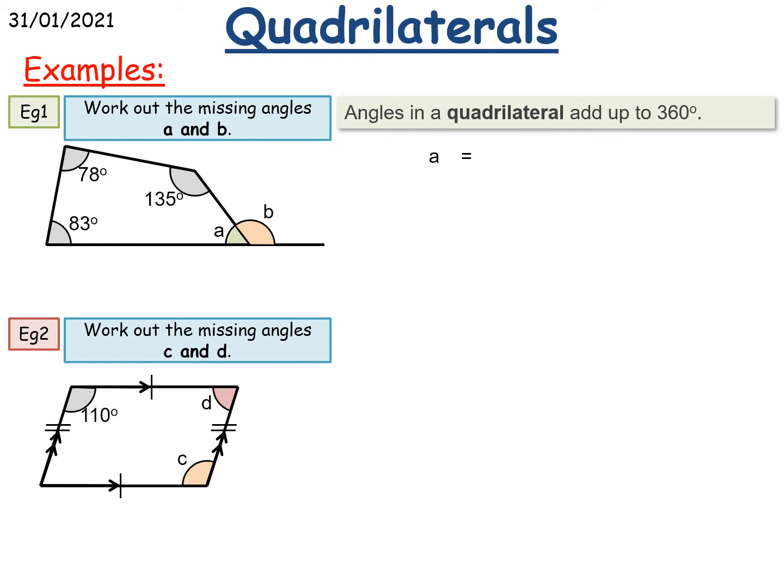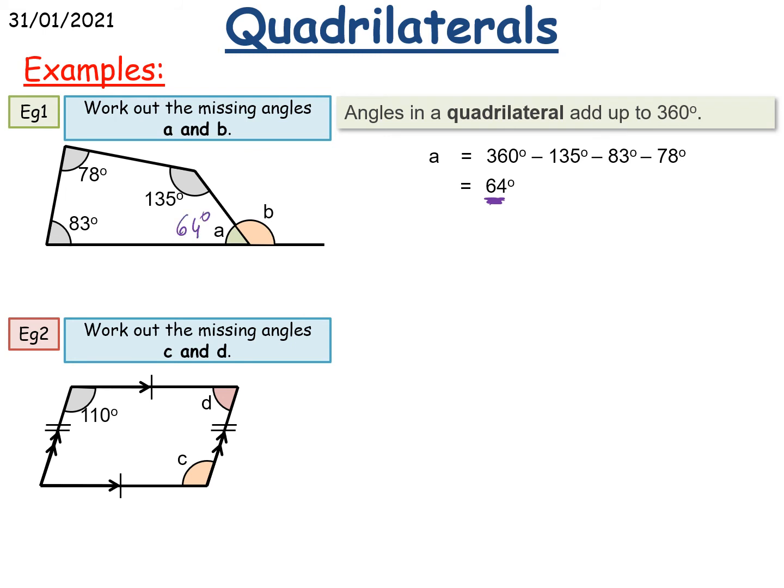So to get A, we can do 360 take away these three angles, and that will give us 64 degrees. Another way you can do it is to add these three angles up and then take away from 360, and you'll still get 64 degrees. It's however way you like to do it. So A is 64 degrees.